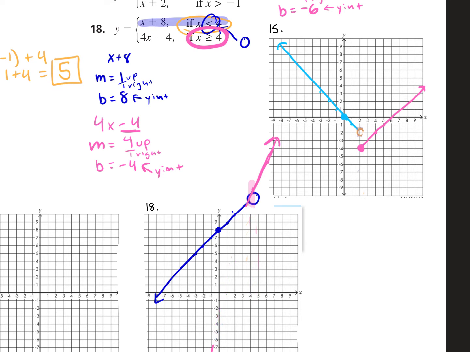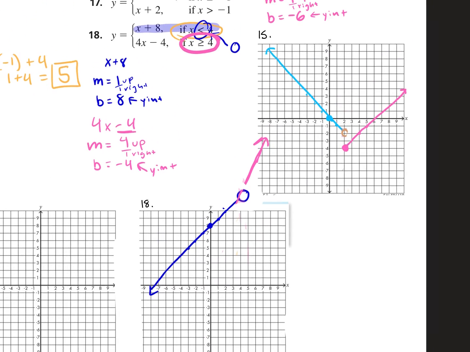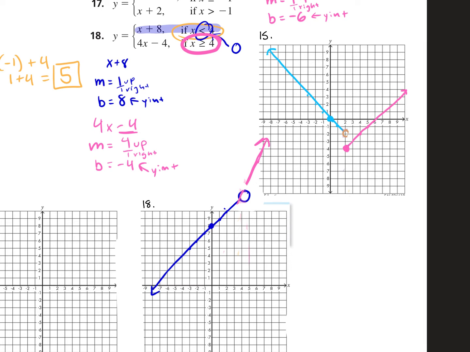So I erase everything else to the left. This one was a little tricky because it was off our graph, but that's fine. Now at 4 for my pink graph, do I have an open or closed circle? Closed circle. So I put a closed circle there.